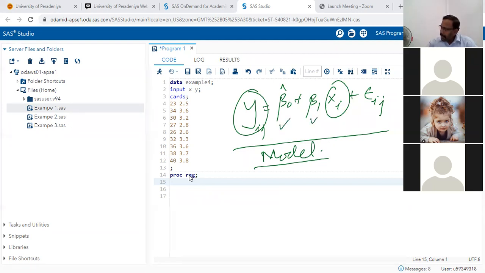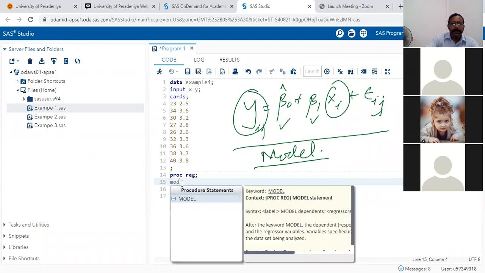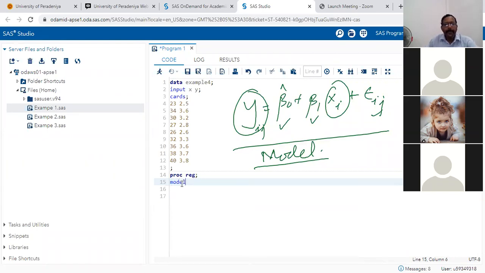The computer automatically calculates these values. So what I'm going to do is type model. Tell me how I can type in the model, which equals what? Y equals X here.